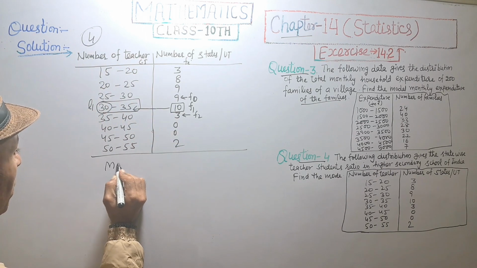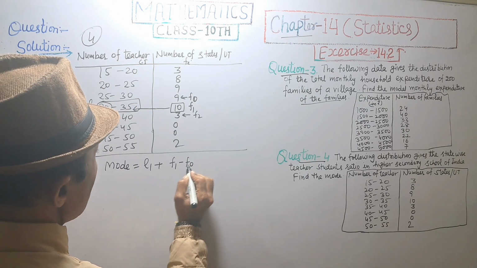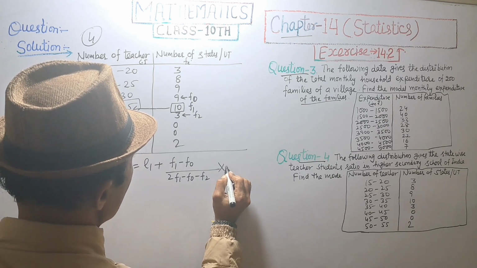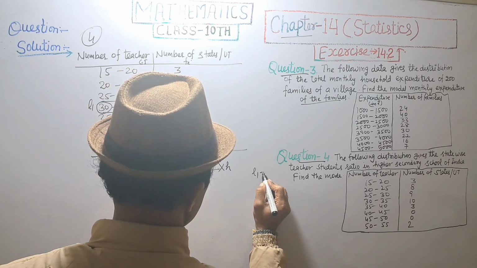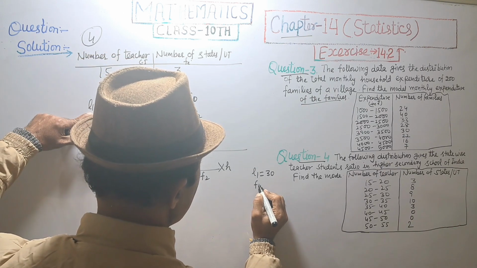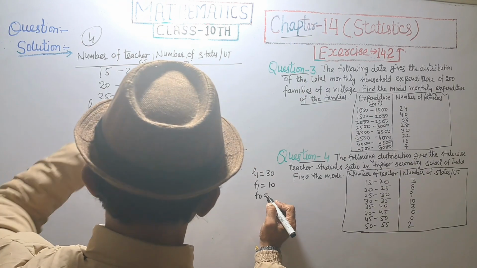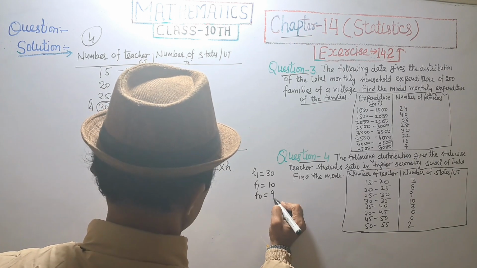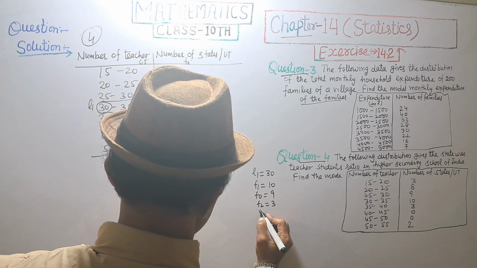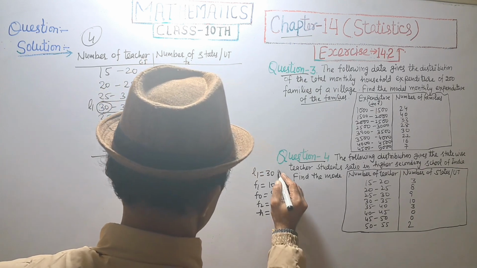Mode is equal to L1 plus (F1 minus F0) divided by (2F1 minus F0 minus F2) multiply by H. L1 is equal to 30, F1 is equal to 10, F0 is equal to 9, F2 is equal to 3, and H is equal to 20 minus 15, that is 5.